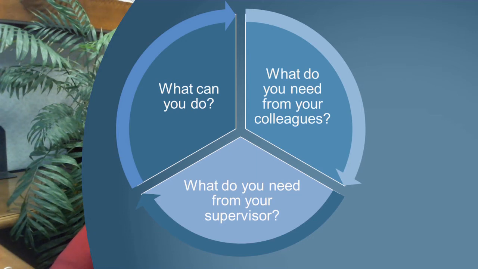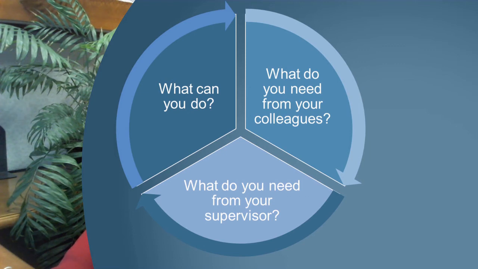For example, are there resource directories that could help you better understand the services and interventions available in your community? And finally, what do you need from your supervisors? For example, if your department isn't using a validated assessment, are you able to connect with your supervisor to champion the implementation of a new validated assessment?